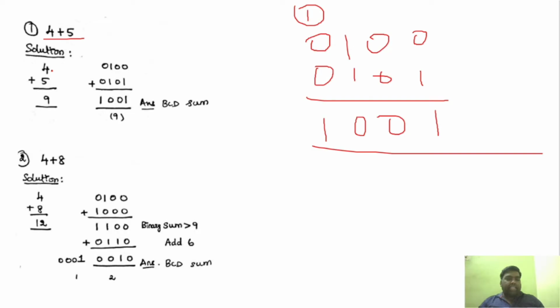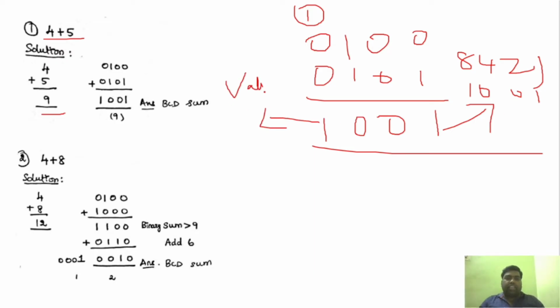To check, we can do a decimal addition here: 4 plus 5 is 9, and the obtained answer is also 9. In 8421 code, 9 is represented as 1, 0, 0, 1. As per the rule, it is less than 10 and there is no carry, so this is a valid BCD form and we don't have to do any changes.